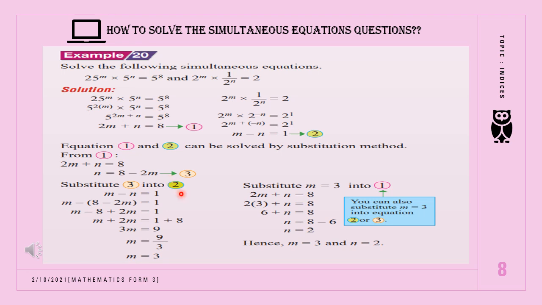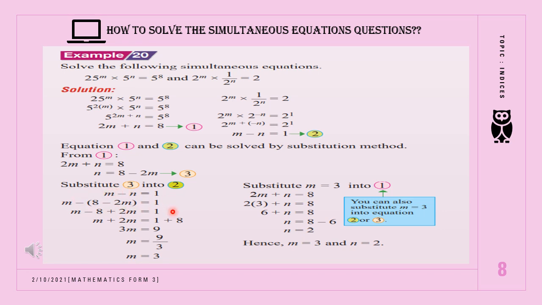After you change and arrange it, you get 2m plus n equal to 8, and the second one becomes m minus n equal to 1. Remember, you just take the indexes, not the base.